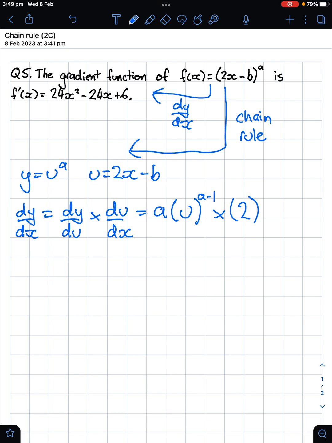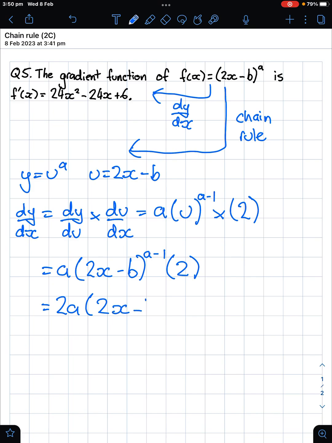All right, now I'm going to rewrite this so it's all in respect to x. So we have a bracket, and u here is 2x minus b, to the power a minus 1, and then we've got times 2. So we'll quickly change this to 2a(2x minus b) to the a minus 1.